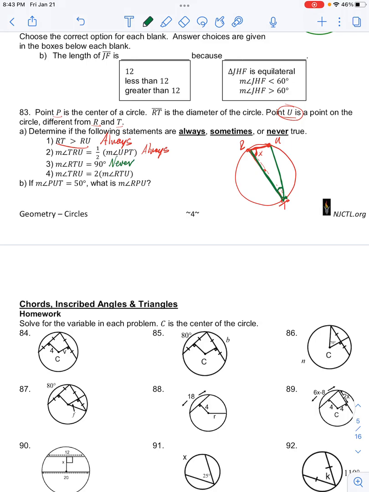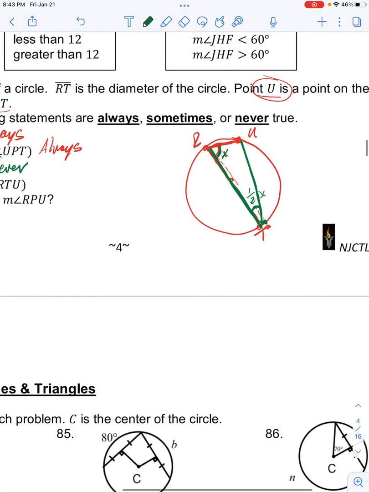And number 4, we have the measure of TRU, that would be this x again, is 2 times the measure of RTU. So it says that this angle would be twice the measure of this angle, or that one would be 1/2 of x. Is this true? Well, if U is on the circle, we form a triangle, and we know that this angle will always be a right angle.